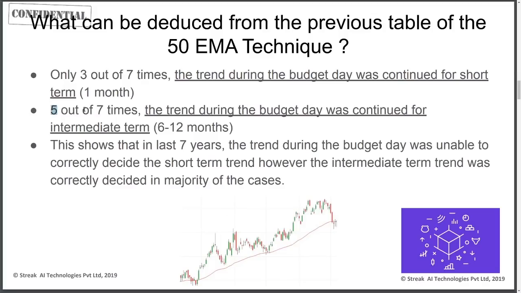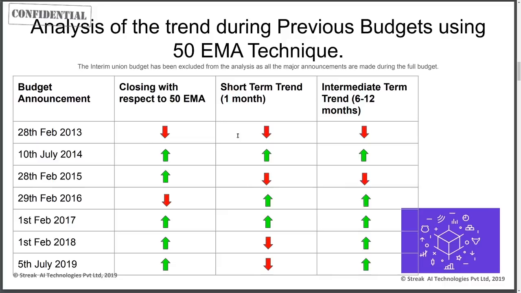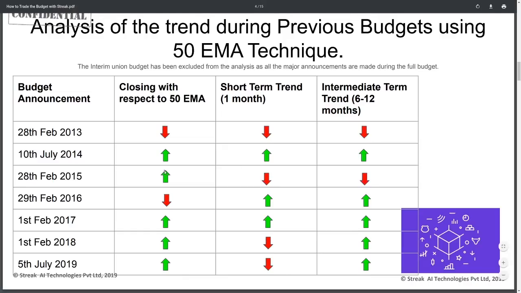Okay, 5 out of 7 times the trend during the budget day was continued for the long-term or intermediate term trend. What that means is, the day trend was bearish, the short-term trend was bearish, the intermediate term was bearish; the day trend was bullish, the intermediate term was bullish.